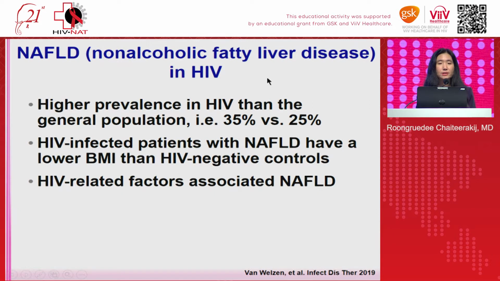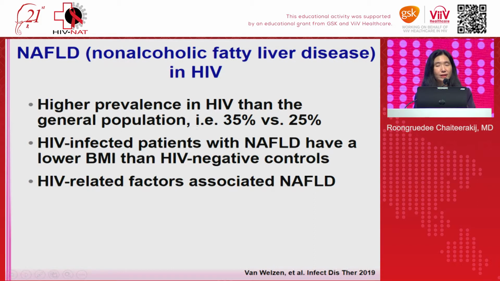Non-alcoholic fatty liver disease in HIV is very common. The prevalence of fatty liver disease in HIV is higher than in the general population, 35% compared to 25%. There are two factors.